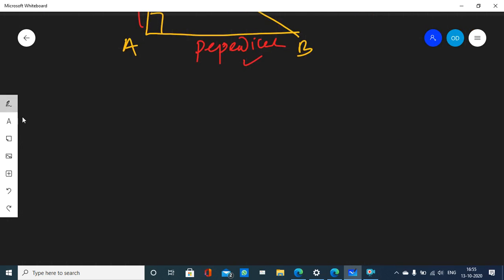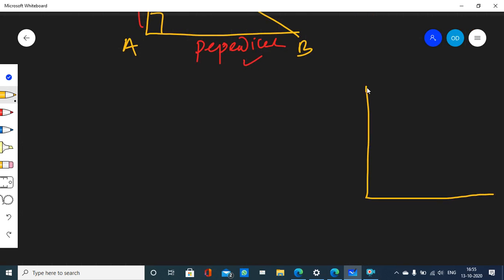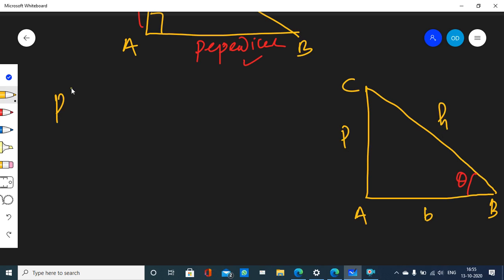You knew all this. What else did we discuss? If this is the right angle triangle with angle A, angle B, angle C, and we are considering this angle theta, this is our base, this is our perpendicular, this is our hypotenuse, we know about the Pythagoras rule.